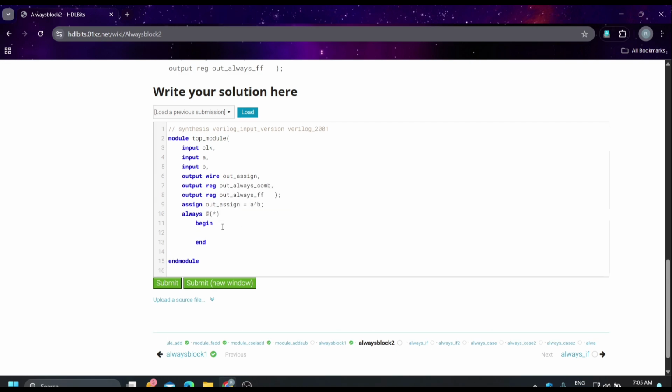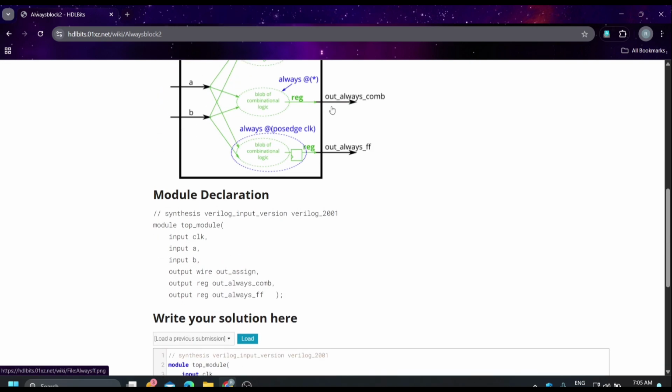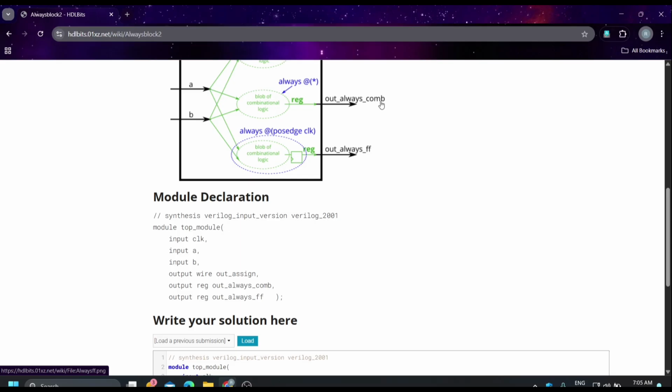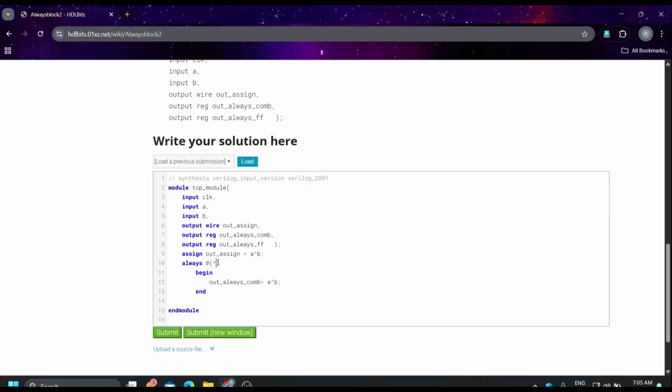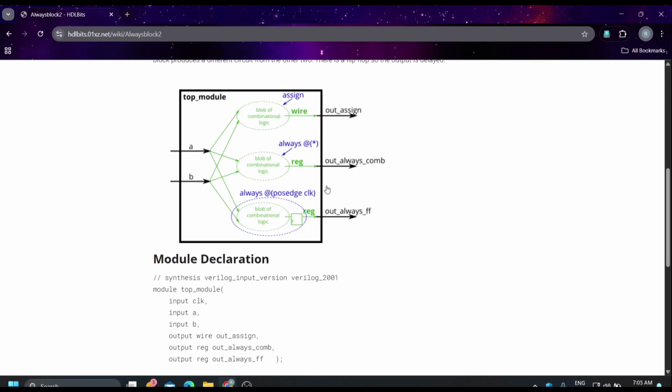So what is the output? This one, out always com. Out always com equal to A XOR B. Right. So for any signal change, this block will execute. That is the meaning of this asterisk sign. So in this way we can write for the combinational one.